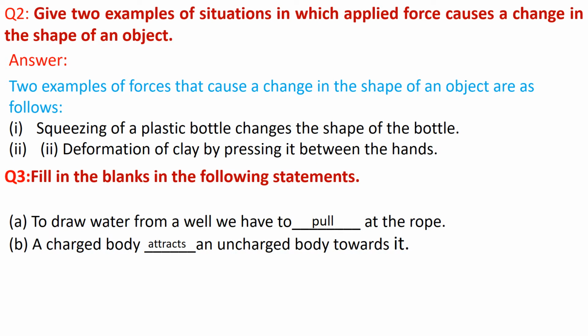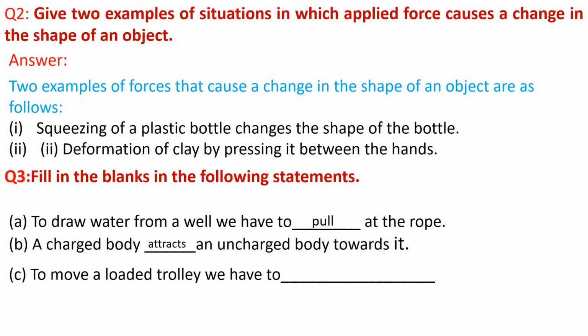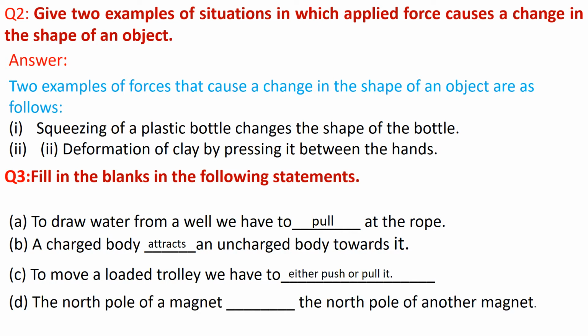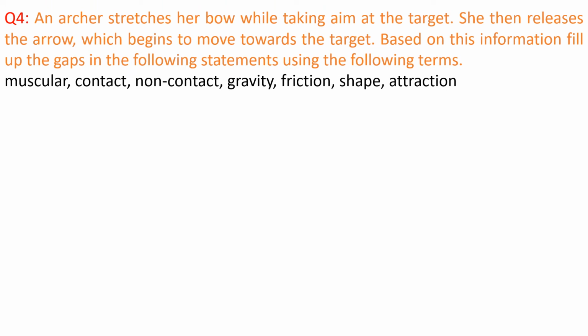And the third question is to move a loaded trolley, we have to either pull or push it. The north pole of a magnet dash the north pole of another magnet. It repels.